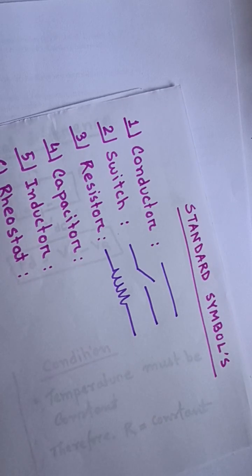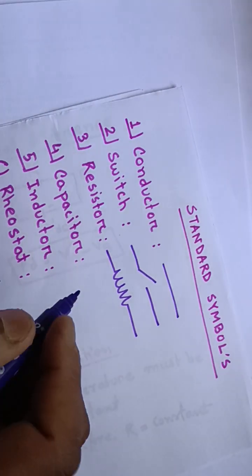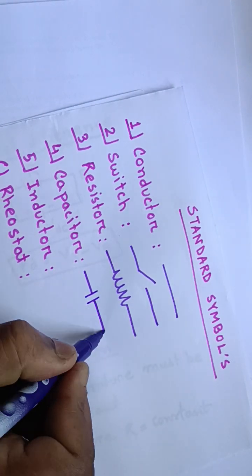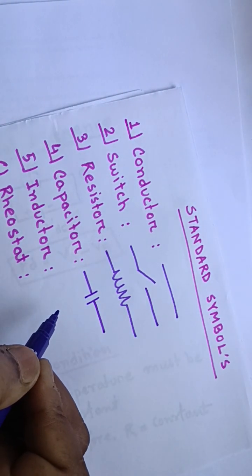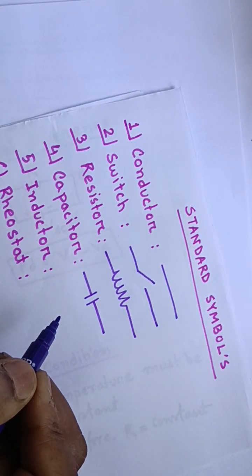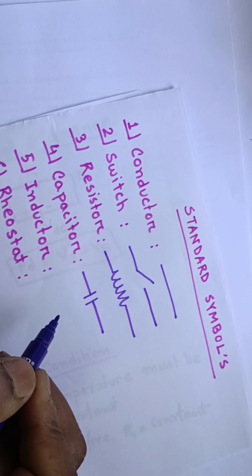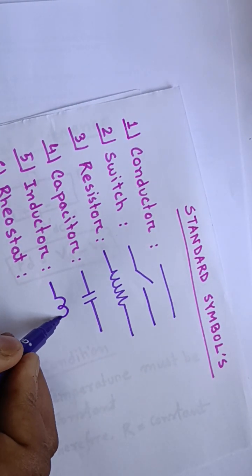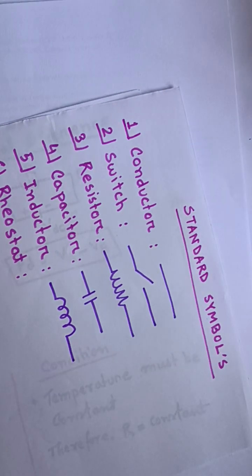Fourth one is the capacitor. The capacitor will be represented like this. Fifth one is the inductor, right? How can we represent the inductor? The inductor will be represented this way.